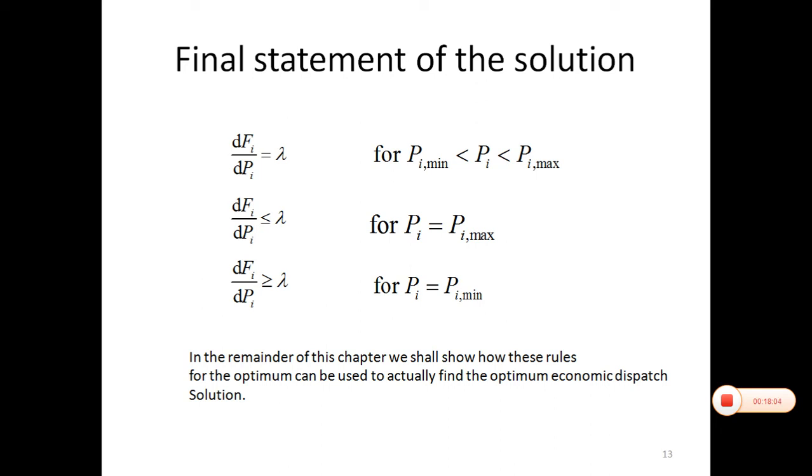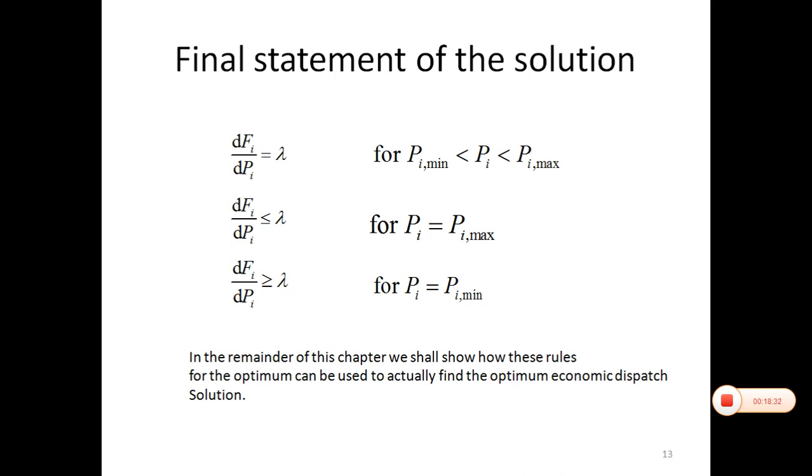But if the requirement is that we have to make one of the units run at its maximum value, like pi equals pi maximum, then the incremental fuel cost will be less than lambda. And if the requirement is that we have to make any of the generators run at its minimum value, then the incremental fuel cost will always be greater than lambda.